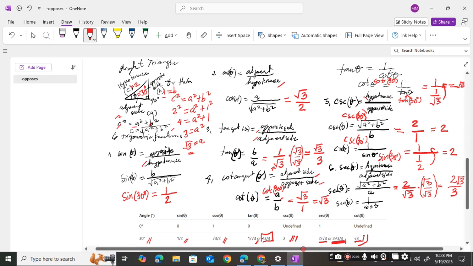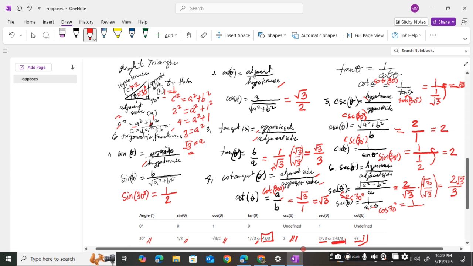Here, we can also use the fact that secant theta is the reciprocal of cosine theta. Therefore, secant of 30 degrees is 1 over cosine of 30 degrees. This is just 1 divided by, what's our cosine of 30 degrees?